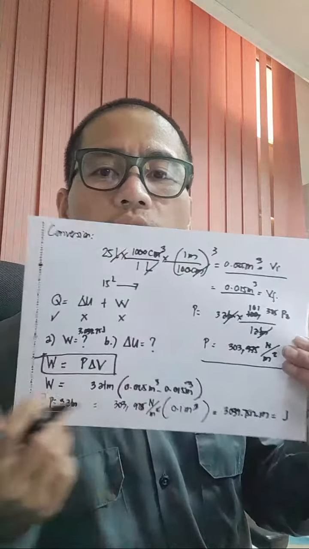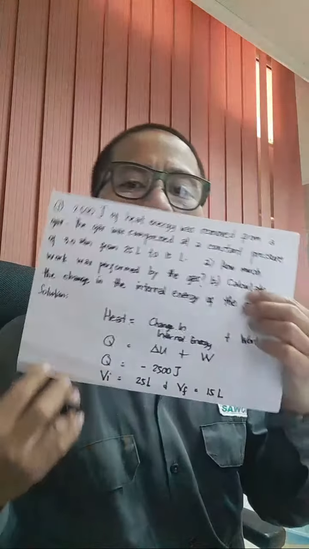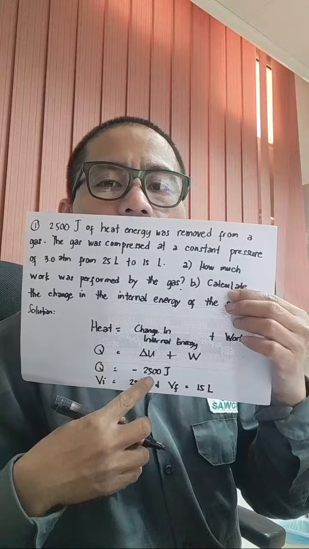To compute delta U, delta U is equal to Q minus W. The heat energy is mentioned here, which is negative 2,500 joules.